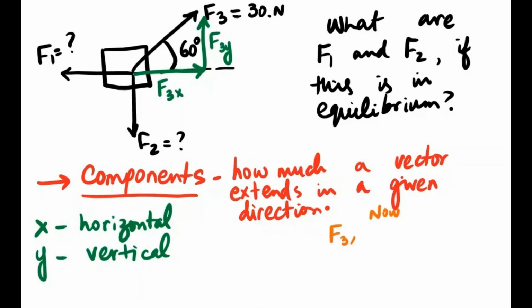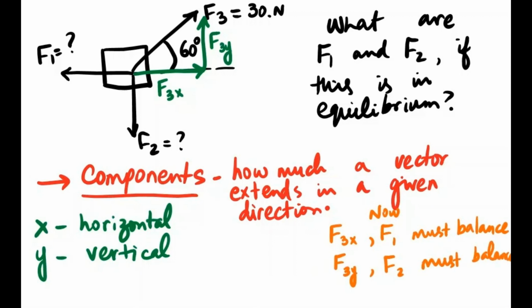Now if I look at the picture, I can clearly see that F3x is balancing F1. So F3x and F1 must balance, and F3y must balance F2 in order to bring this object into equilibrium.